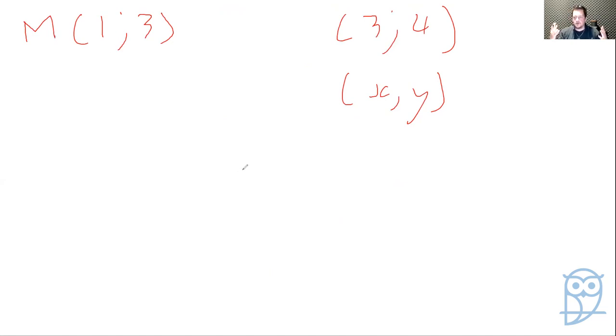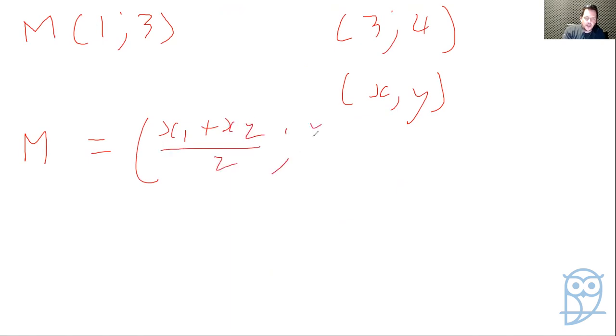So how am I going to use the midpoint formula when the midpoint formula is used to calculate the midpoint? Well, think back. I didn't say that the midpoint formula was used exclusively to calculate the midpoint, because we have what we need involved in the formula. So if you write down the formula, our midpoint is x1 plus x2 over 2 and y1 plus y2 over 2.